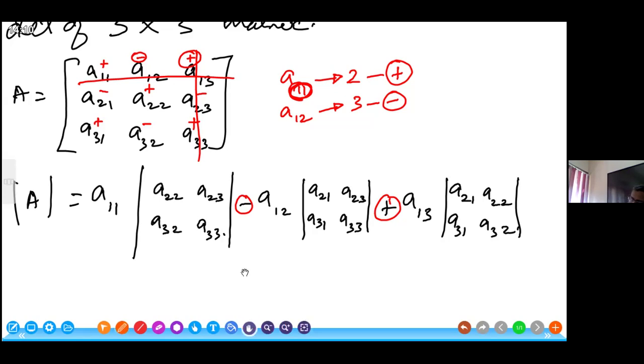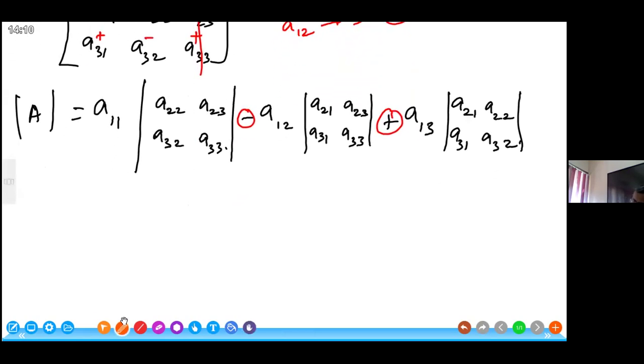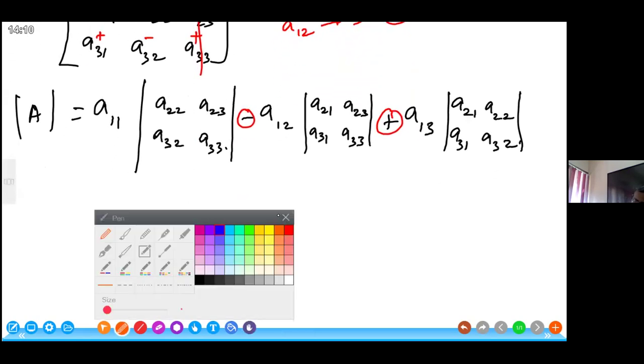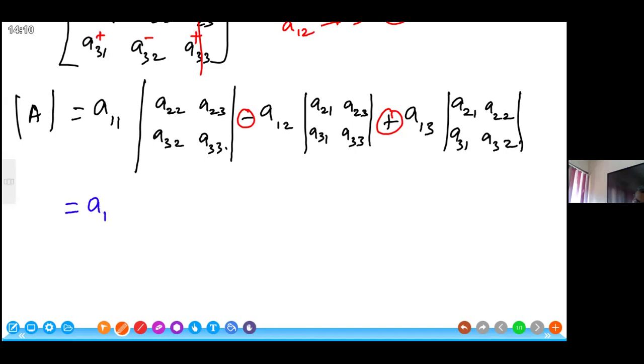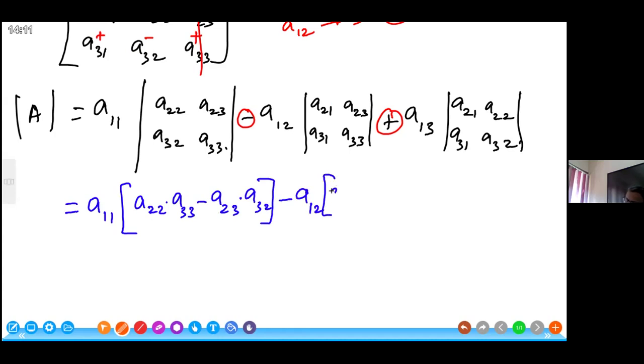Then to solve this, we'll use another step. That is equal to A11 into A22 multiplied by A33 minus A23 multiplied by A32. That is your first component. Minus A12 into A21 into A33 minus A23 into A31.